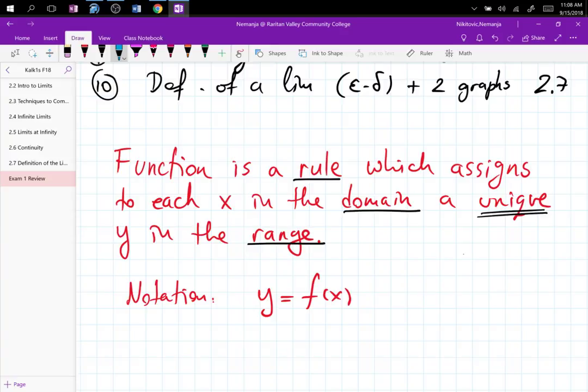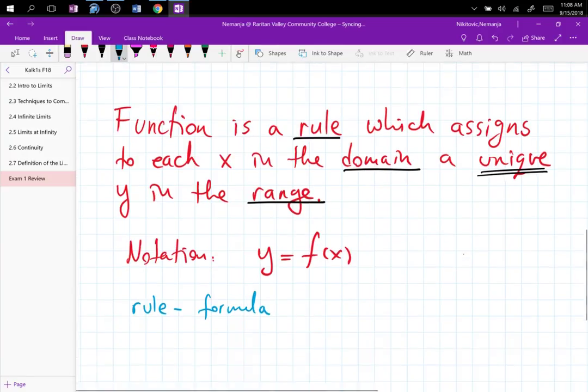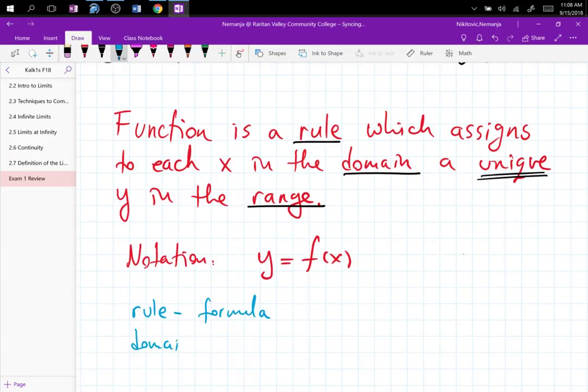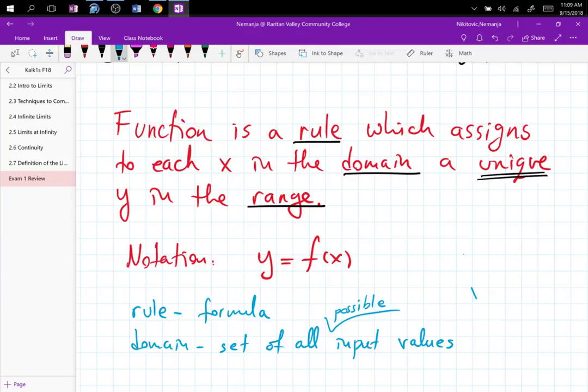Now you can go and understand these words. The word rule means a formula of some sort. Domain: the set of all input values. I should have said the set of all possible input values, because if you have the square root of x, -7 is not possible if you are looking for real answers.